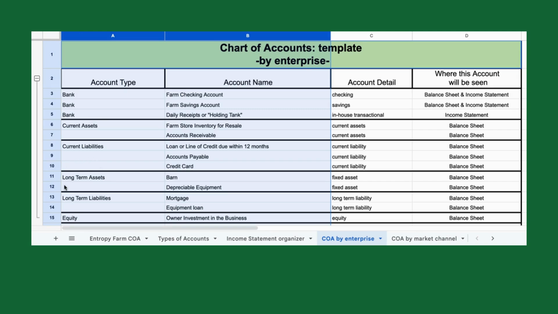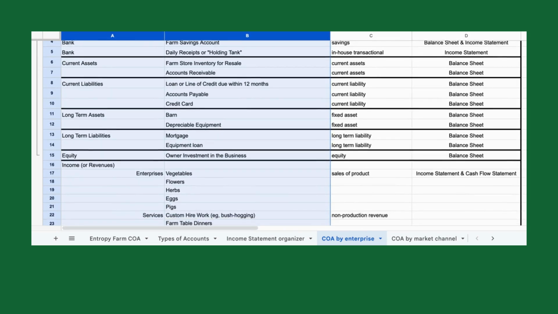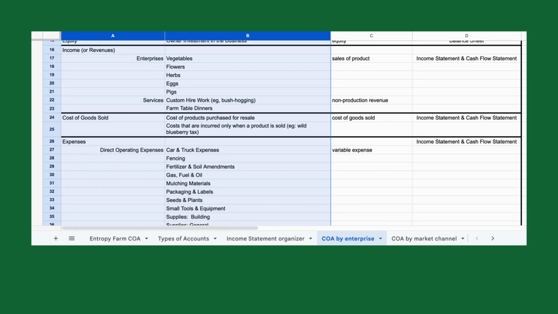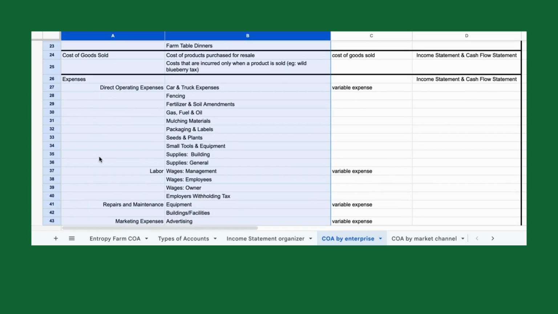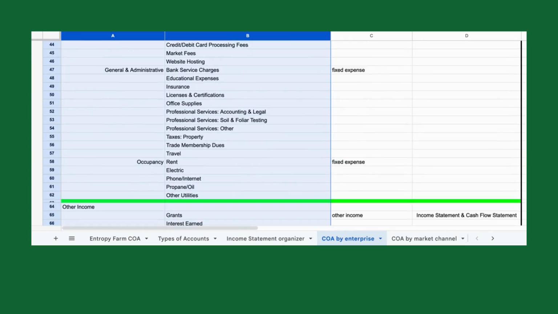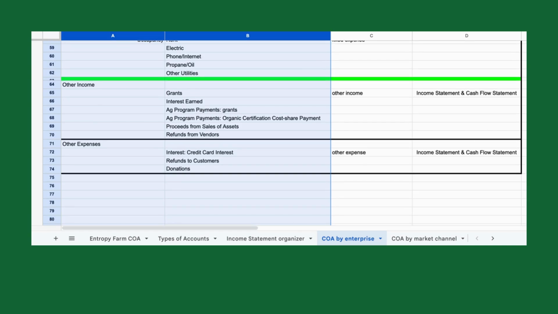And most of these accounts show up on your balance sheet. Then, scrolling down, there's your income accounts, your cost of goods sold, and all of your expense accounts. And finally, there'll be other income and other expenses.